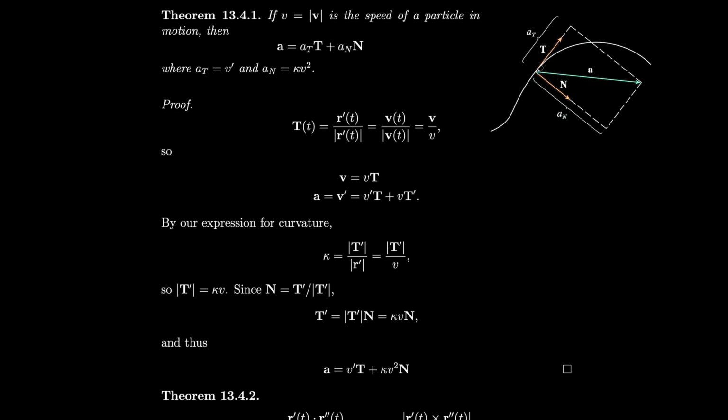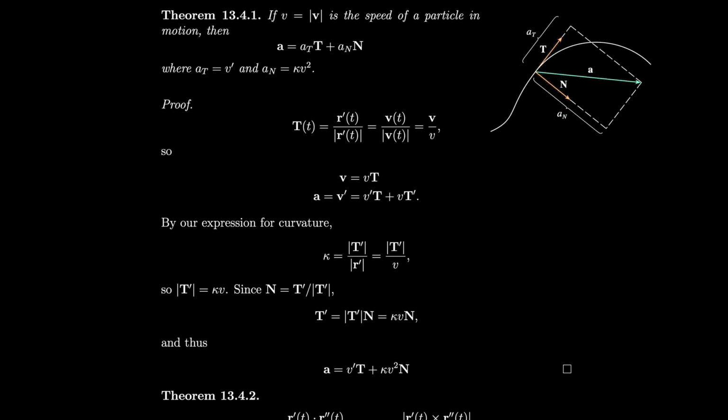We have our normal vector going in one direction, which gives us one component for our acceleration, and we have our tangent vector in the other direction, so that gives us our other component. We just have to make sure that we scale the normal by some scalar, and scale the tangent by some scalar. So it turns out that those scalars are v prime, the derivative of speed, and kappa times v squared, the curvature times speed squared.